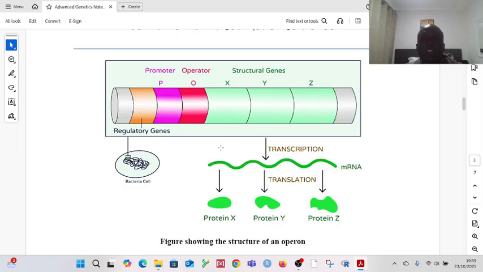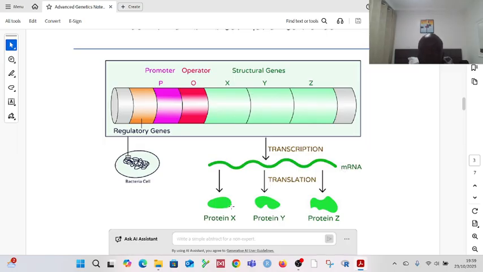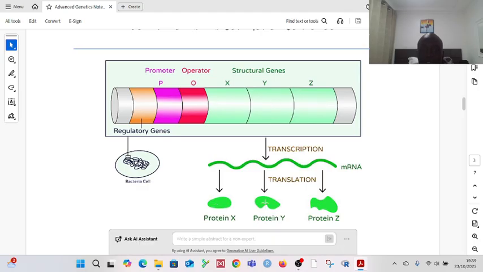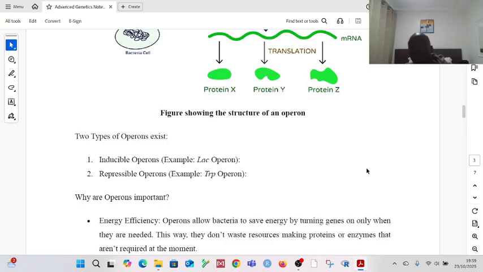So all of them are either turned on or all of them are turned off. Once they are turned on, it means they are transcribed. So they form a messenger RNA. The messenger RNA then is translated to form the various proteins. So in this case, gene X will form protein X, gene Y will form protein Y, and gene Z will form protein Z. Okay?